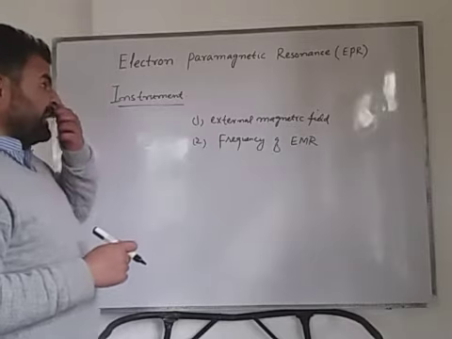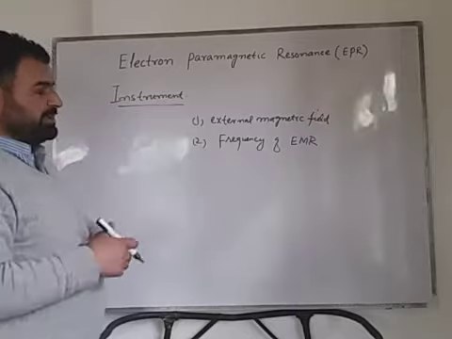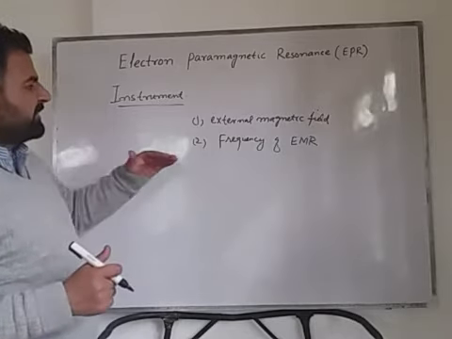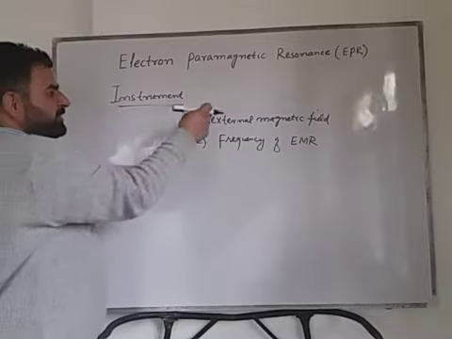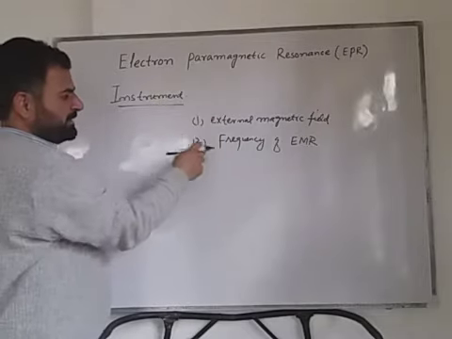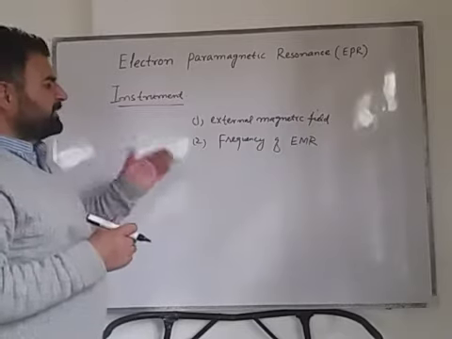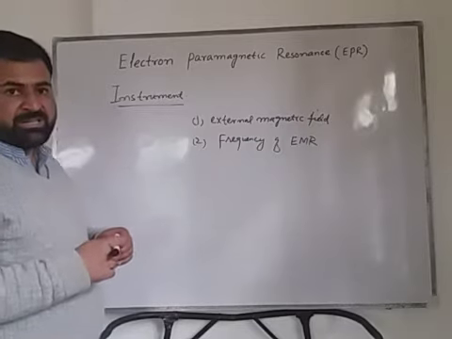Similar to NMR spectroscopy, we keep one thing constant and vary the other. We can fix the magnetic field and vary the frequency, or we can fix the frequency and vary the external magnetic field.